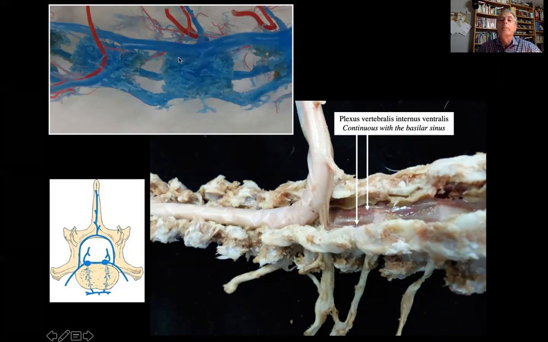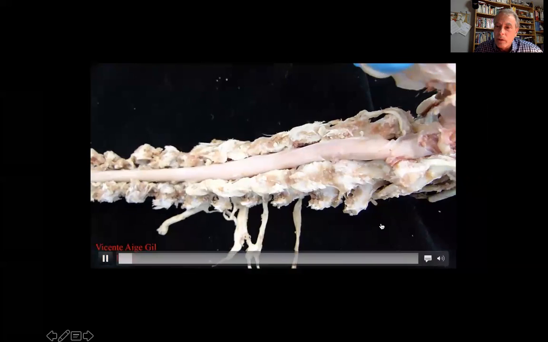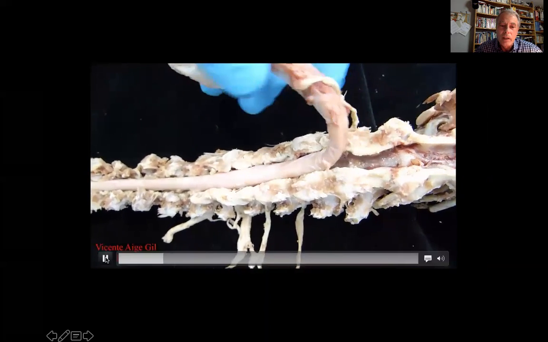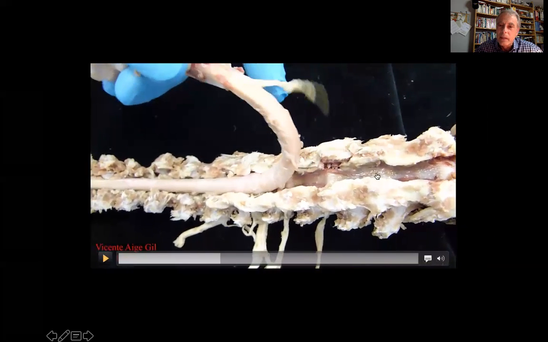Remember, here the bone marrow produces blood. So when in a dissection we remove the spinal cord, we clearly identify the plexus venosus vertebralis internus ventralis that, remember, is bigger at the cervical level.